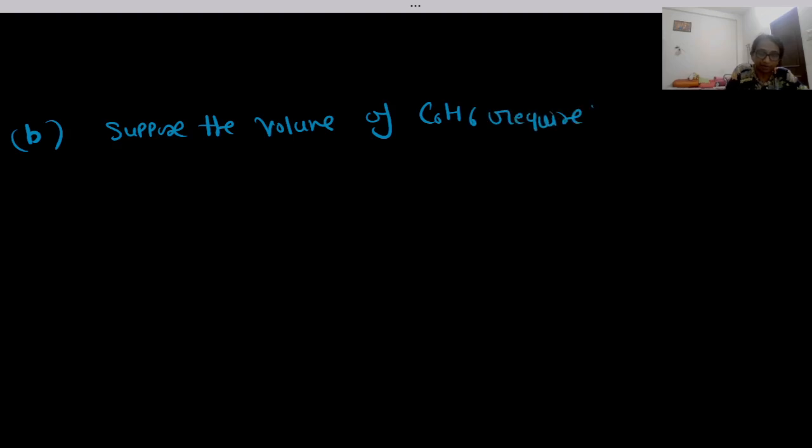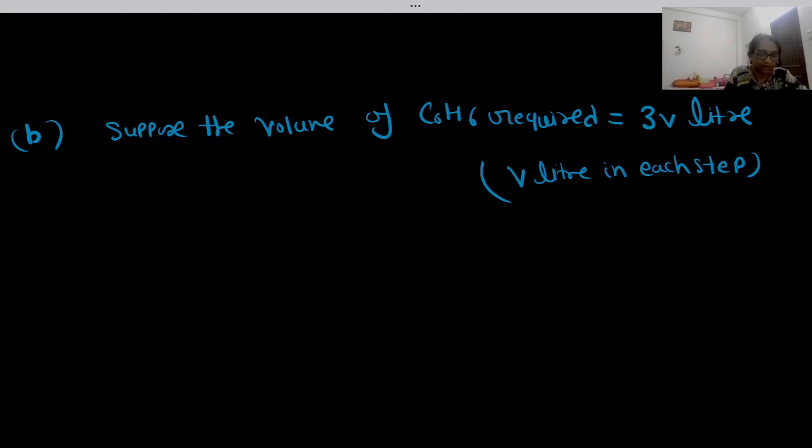So now write the formula for the calculation of the required volume. Suppose the volume of benzene required is equal to 3V liters, right? V liters in each step. It is written successive steps, so V liters in each step.